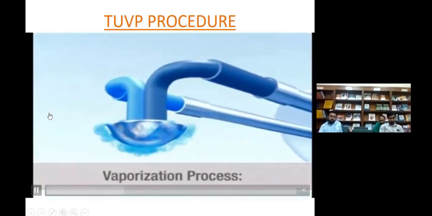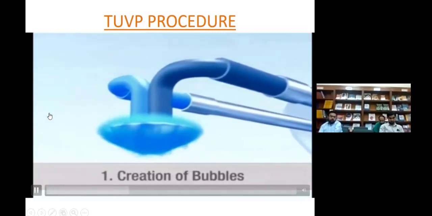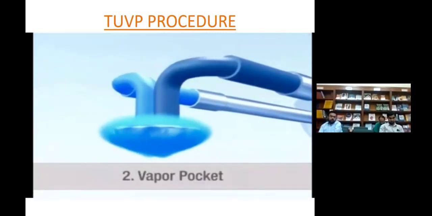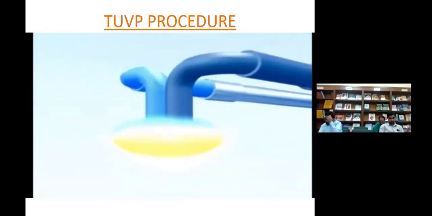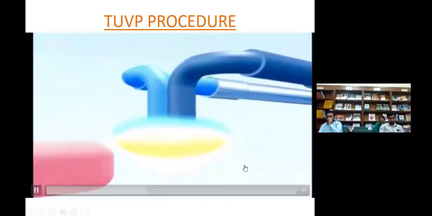The vaporization process first creates a vaporization, thereby making an energy source, which then leads to cutting of the prostatic tissues.